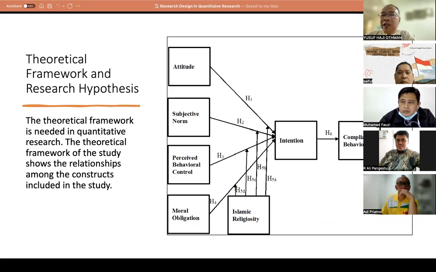Number two, based on expectation, where we might want to improve on previous theories by introducing one or two new variables that are considered significant to be included in the theory.